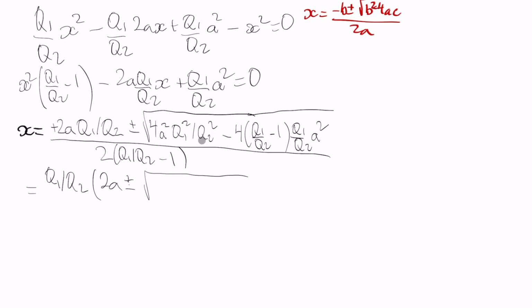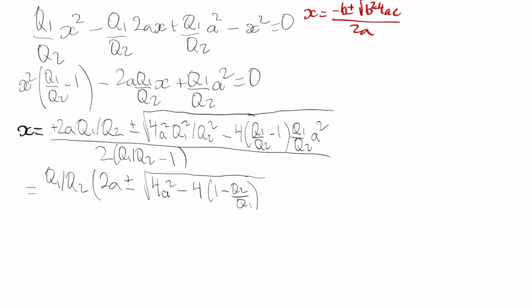Okay, I think this here is going to work out pretty nicely. Now from here I need to take a factor of q1 over q2 squared, because then it will be square rooted. So this here will actually give me 1 minus, and then this thing divided by that factor, which is just going to be q2 over q1. And then this factor here will disappear because that will be included into this.